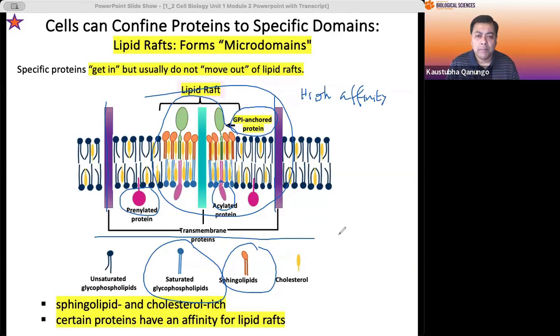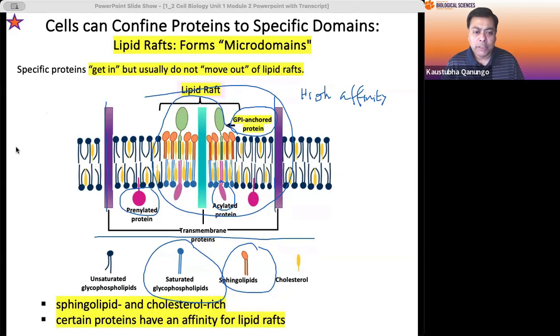So definitely remember that. A typical question asked is a little bit different though. One question can be, which of the following proteins have a high affinity for the lipid rafts? That's number one. The other thing to remember is that protein-wise, you have GPI anchored protein, acylated protein, prenylated protein. These are the proteins. There are some specific types of lipids, which are the sphingolipids and the glycophospholipids. These are lipids, not proteins.